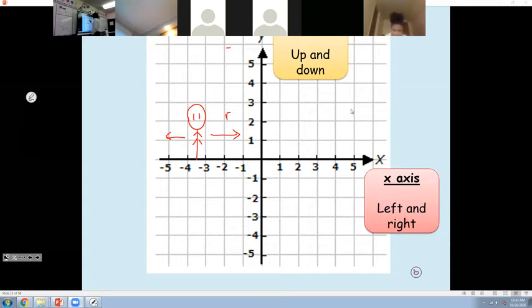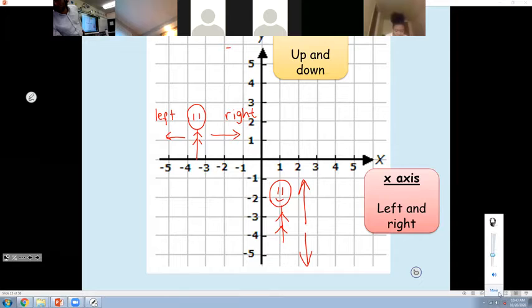If you want to slide or move the shape to the right or to the left, you need to use the x-axis. But if you want to go up or down, you need to use the y-axis.